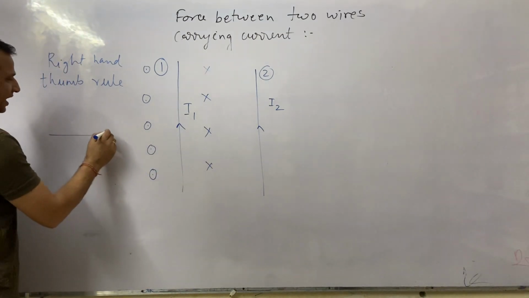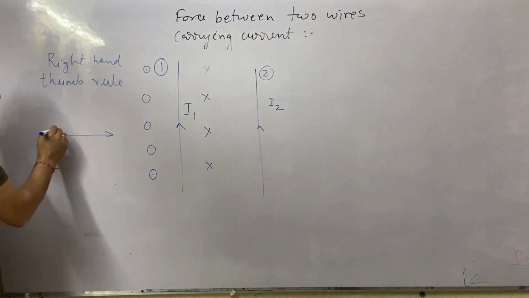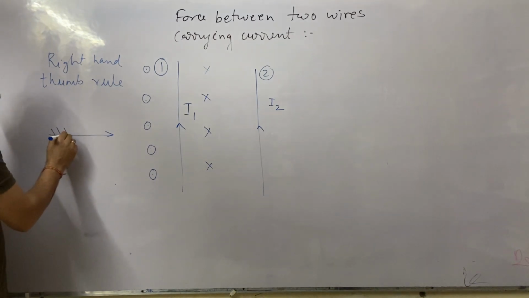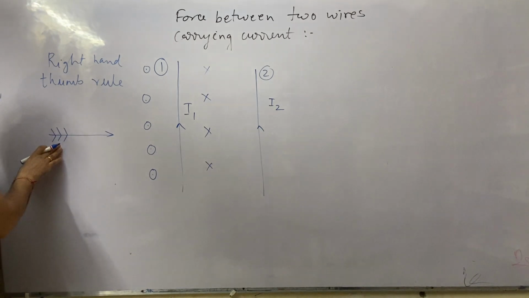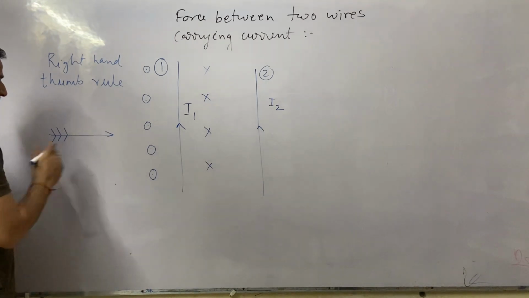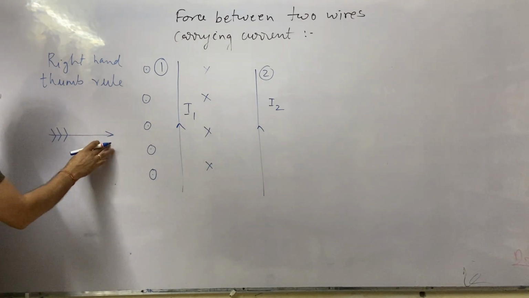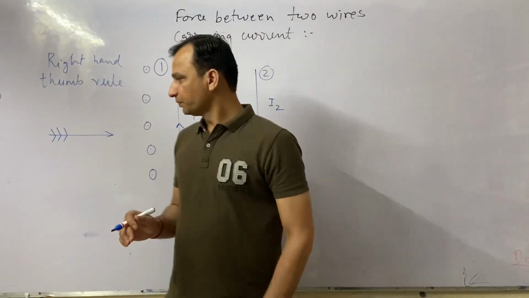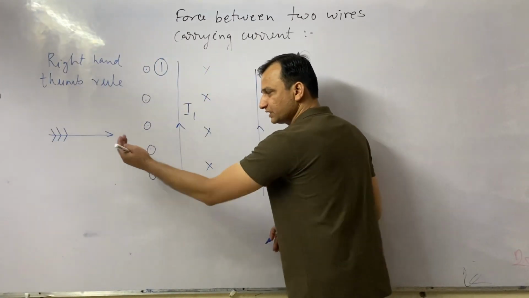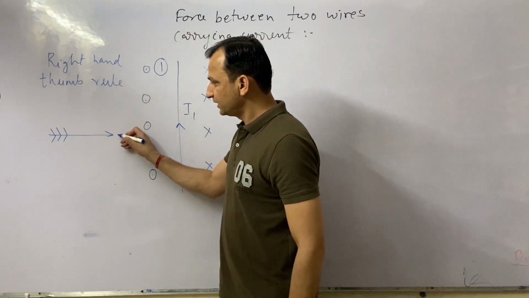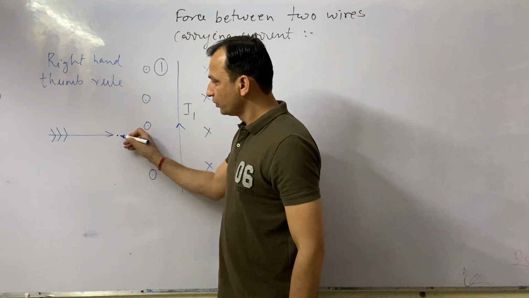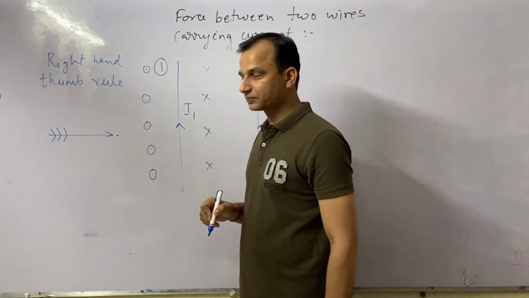If you see an arrow, it looks something like this because of its structure. This is the head of the arrow and this is the back part, the tail of the arrow. If you look at the arrow from the front side, when the arrow is coming towards you, then the head of the arrow looks like a dot.